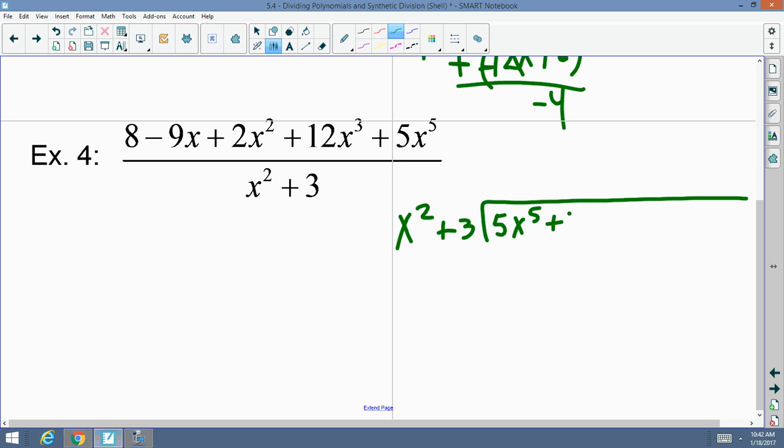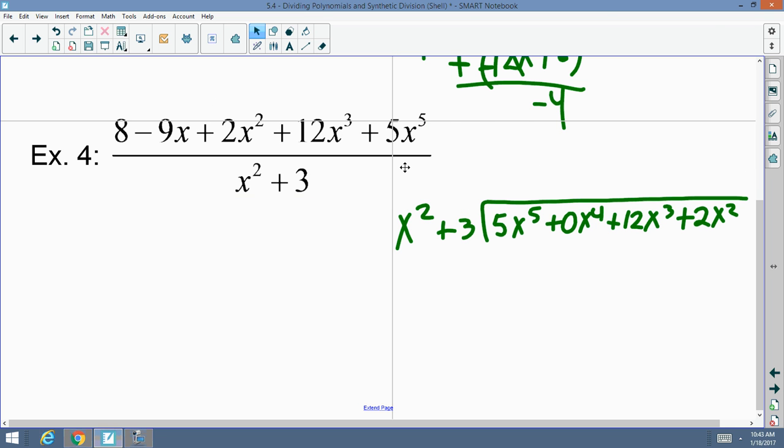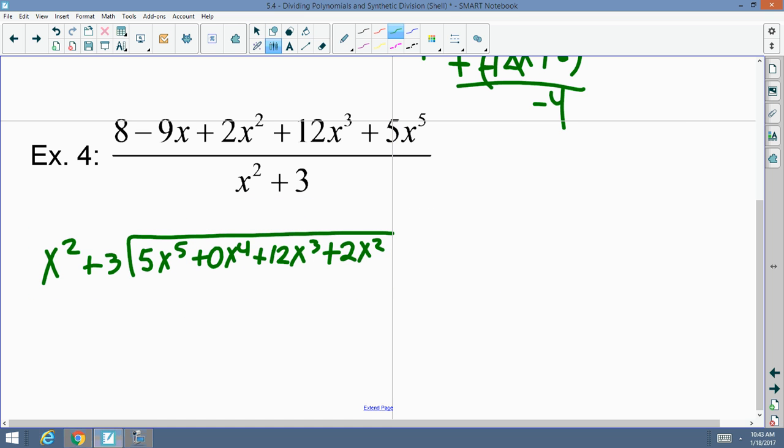So I'm going to go plus 0x to the 4th plus 12x cubed plus 2x squared minus 9x plus 8. So always remember to write it in standard form.